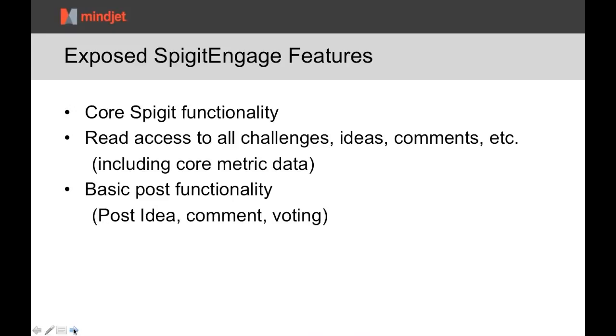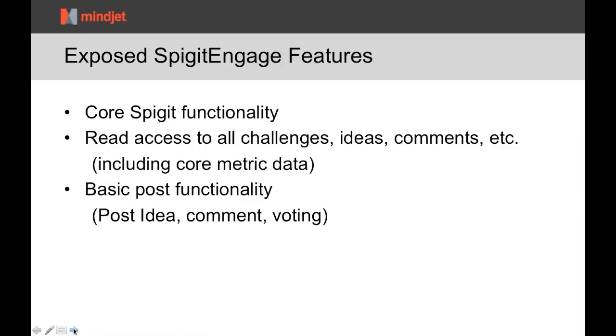In terms of what we're exposing from SpigitEngage, we took the tack that we would expose all of the core Spigit functionality. We wanted to make sure that anybody using this first implementation of the APIs would be able to build a robust application that included all of the basic functionality of the system.